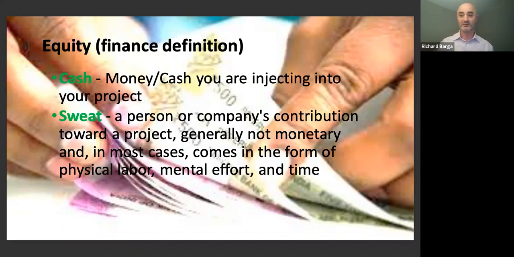You're the one carrying the bricks up to build your home, and that can also be considered equity in your project. So in two different ways, either blood, sweat, and tears or actual cash, equity is thought of as an injection of value into your asset.